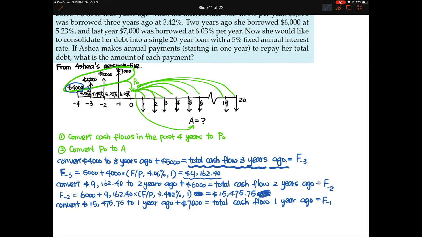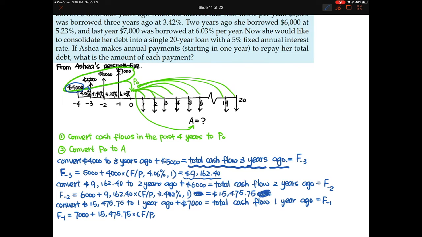Okay, so F minus 1 is gonna be 7,000. You don't have to convert it. And 5,000. That's the total amount happened at the 2 years ago. You want to convert that to a future year. So it's P times the factor, find the F given P. Interest rate is, again, different.